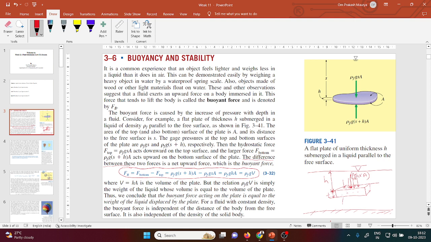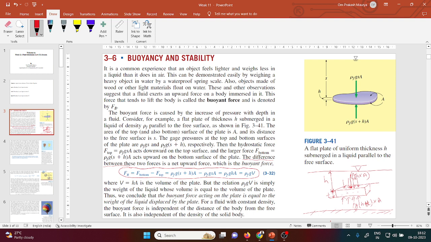And from the bottom, the force is rho g (h plus t) into A, where t is the height of the block.